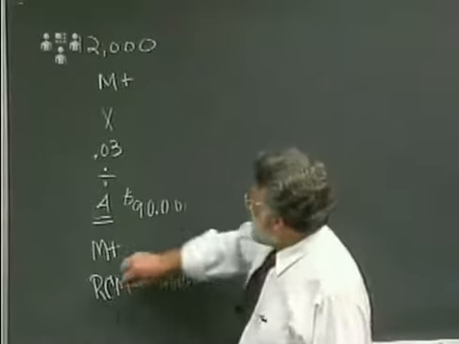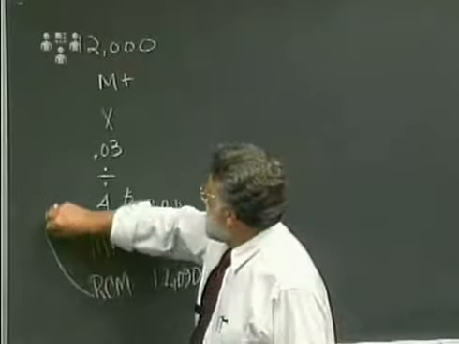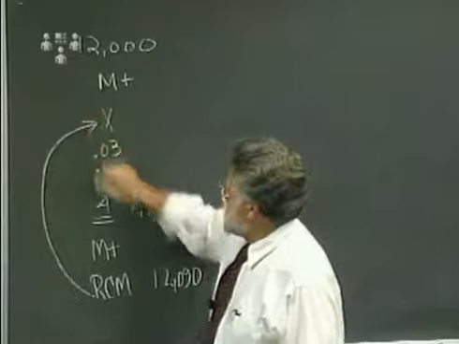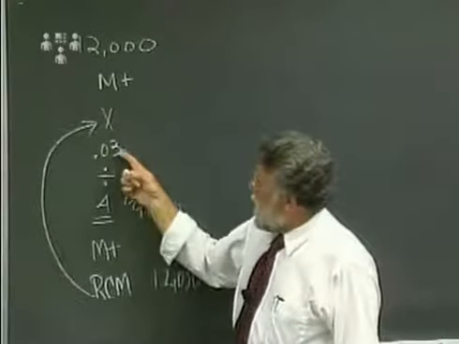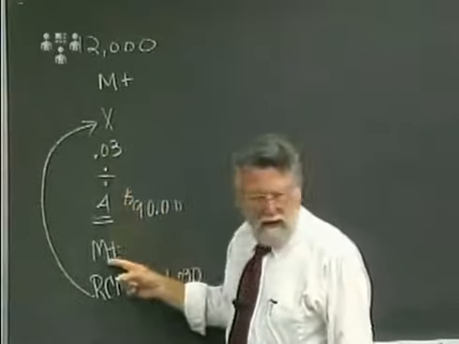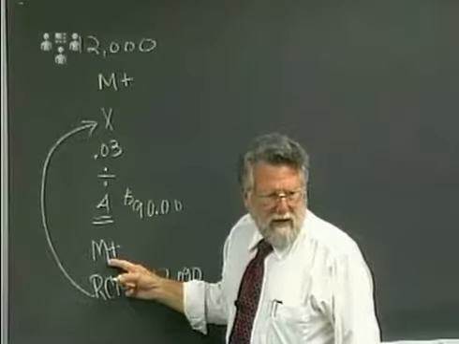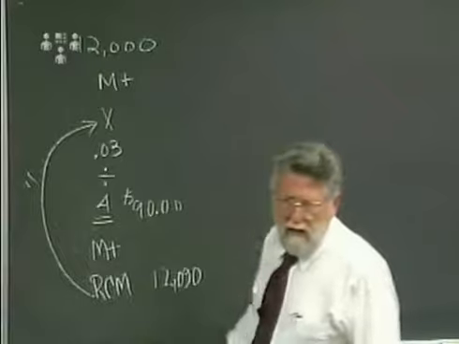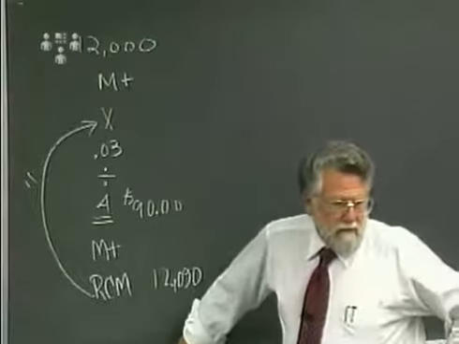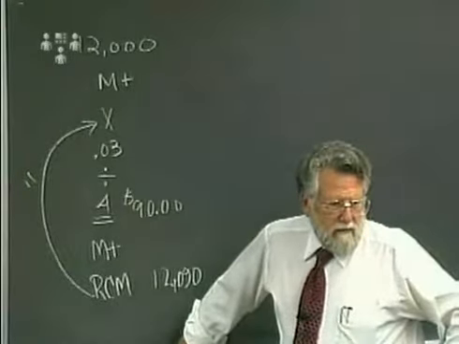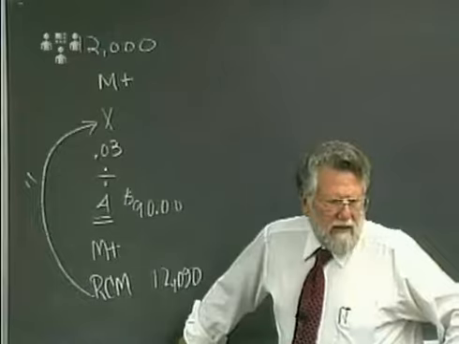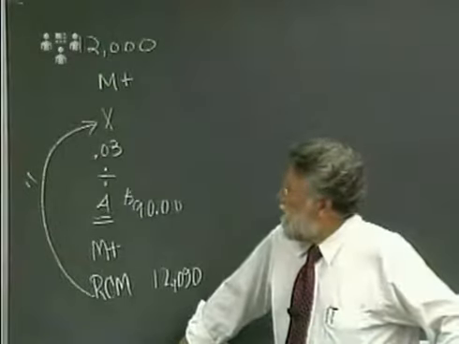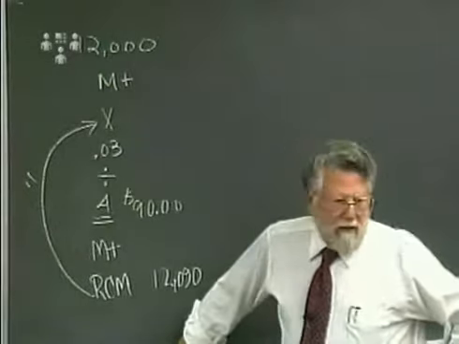Now, I'm going to take this and come back and multiply by 0.03 divided by 4 equals M+. That's my second time. So you're going to do this loop here 11 times. And at the last, after 11 times, you're going to then hit memory recall.